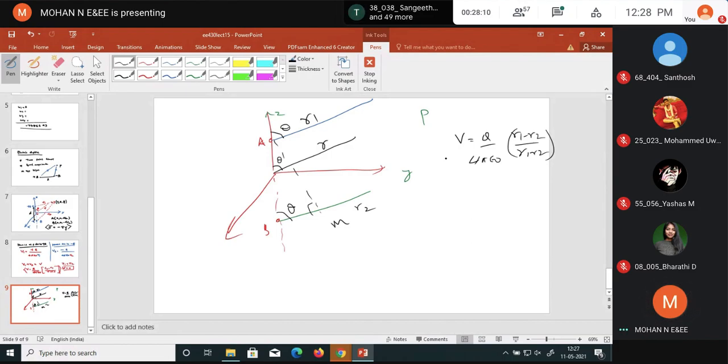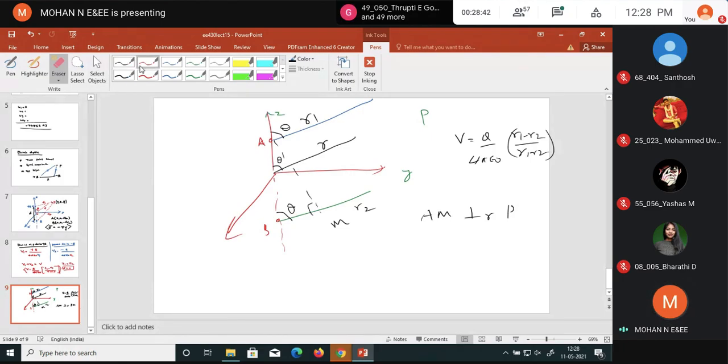So here we have dropped a perpendicular from A to R2. So your PM is nothing but this. AM is perpendicular to PB.